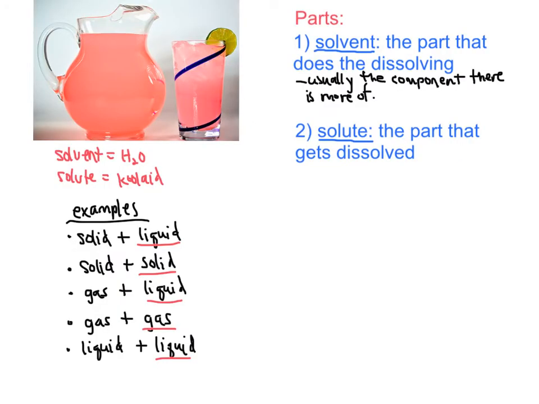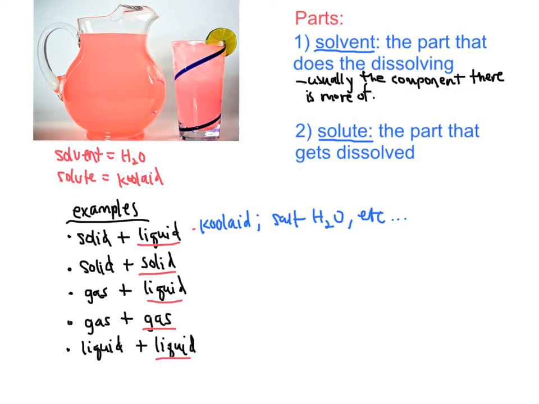And solutions come in a lot of different varieties. I underlined here, I'm going to do a bunch of examples, and all of the things that I underlined are going to be the solvent, which makes the things that I listed first the solutes. So you can have a solution where your solute is a solid and you dissolve it in a liquid. For example, you could have our Kool-Aid mixture, or maybe salt dissolved in water.